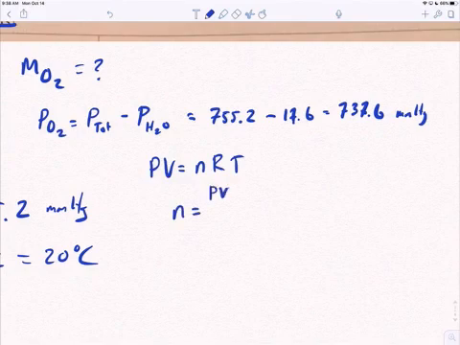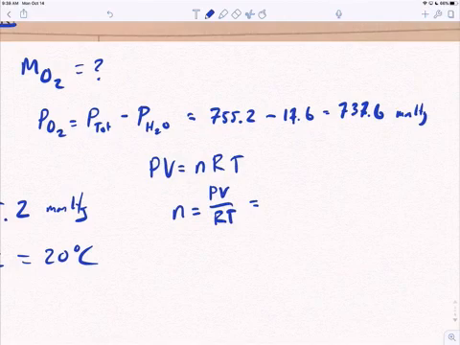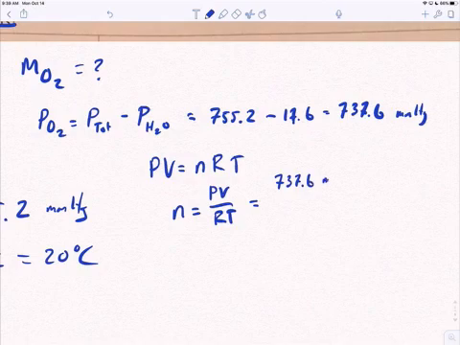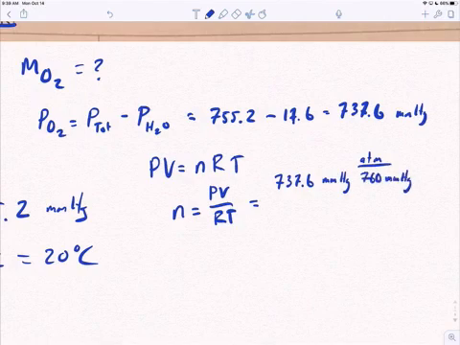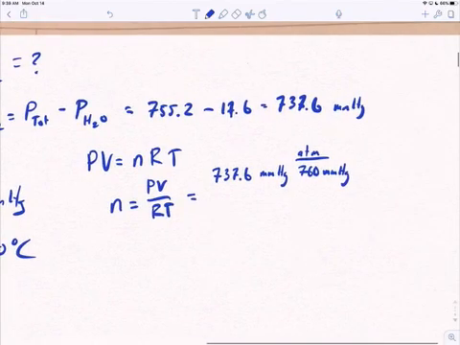So then, the good old PV equals nRT. n is PV over RT, so we're figuring out the number of moles of oxygen. Our pressure is 737.6 millimeters of mercury, with one atmosphere to 760. Conversions will be given to you.